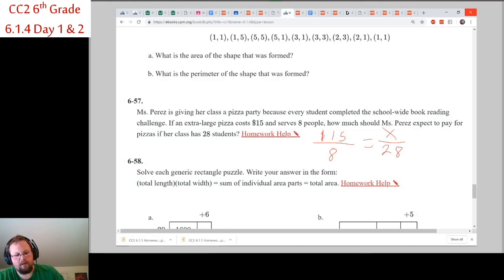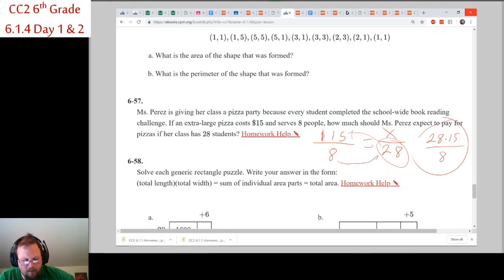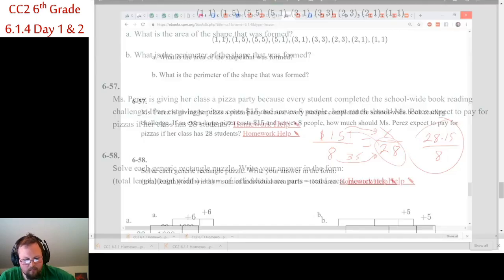You just multiply the 28 up there and then do 28 times 15 all over 8 and get the answer. Or you figure out that the multiplication is you multiply by 8 times 3.5 and then you do the same thing with 15, but that's a little bit less easy.